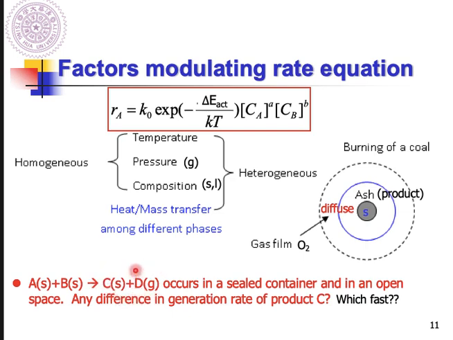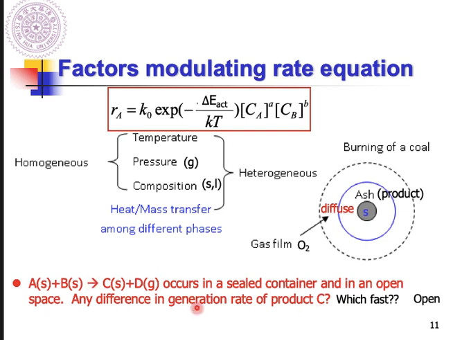So as you know, in the sealed container, the concentration of the product will get higher and higher, right? So based on the Le Chatelier's principle, when any system at equilibrium condition is subject to change in concentration, temperature, or pressure, then the system will readjust itself, right? So when this increases, it will slow down the reaction rate of these chemical reactions.